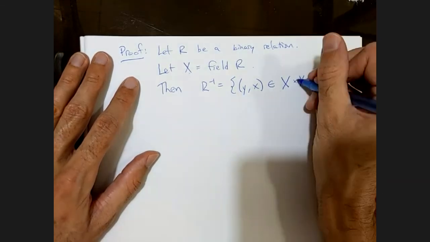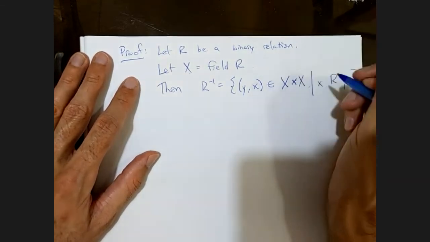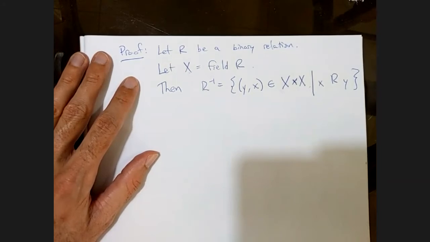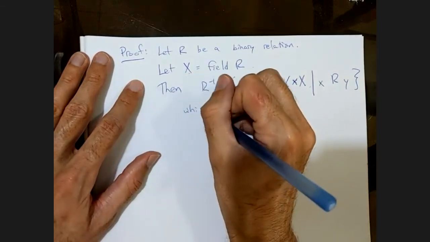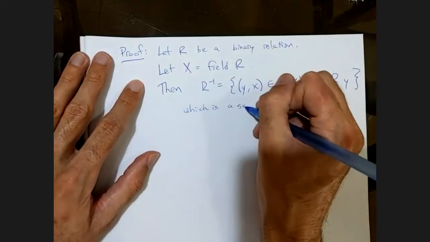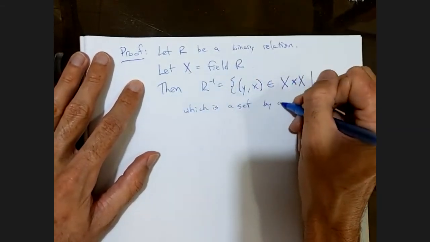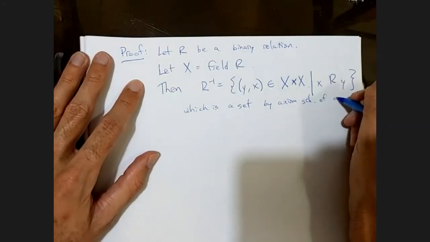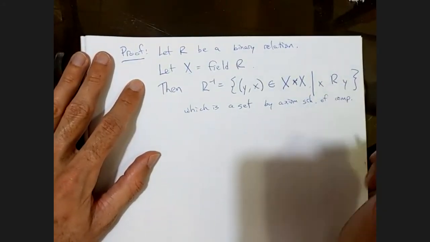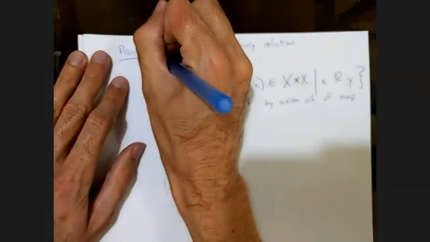Therefore R inverse is a set by the axiom schema of comprehension as usual. So that's for part 1.